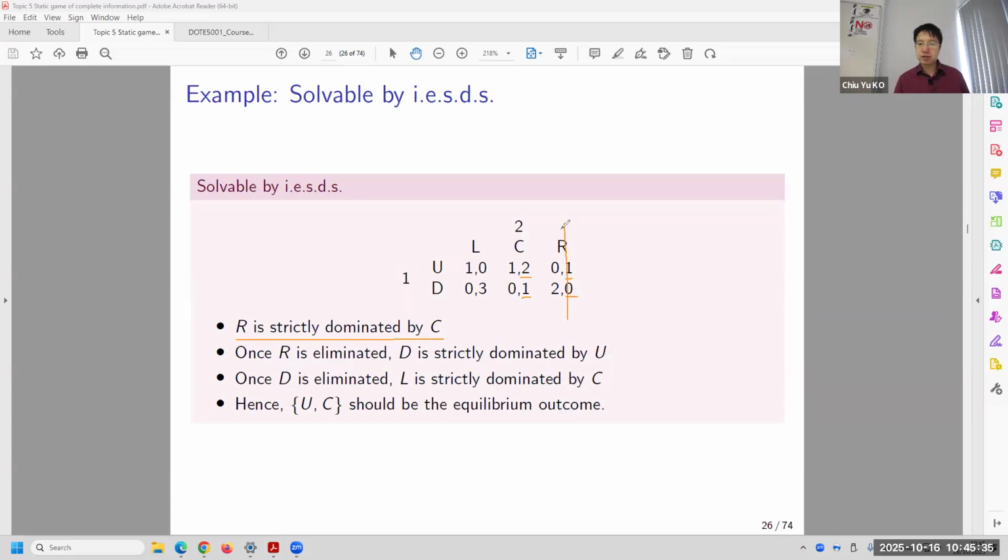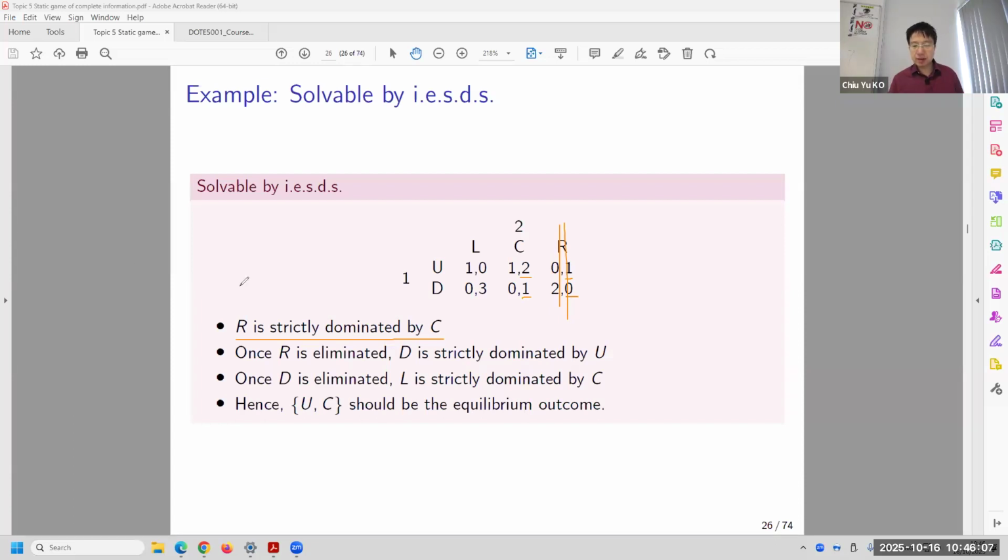So R should never be chosen, because there's absolutely no reason why R would be chosen. But if that is it, this is done because we can't do anything more, right? So this is not dominance solvable. We still have the prediction that it is one of the 4 outcomes, but we don't know which one is more likely. So there's not much we can proceed with.